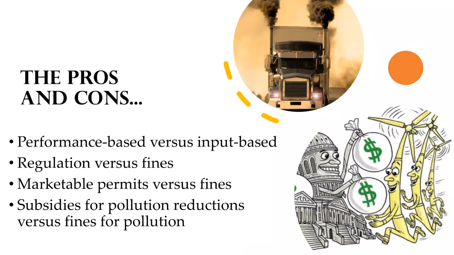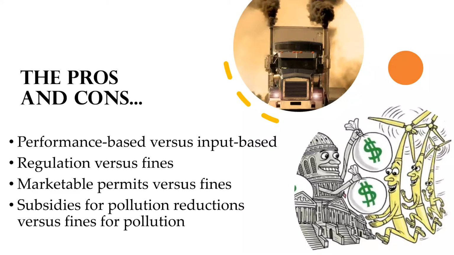Should we create markets for things that produce externalities? For example, provide marketable permits and sell them to the highest bidder? Should we subsidize pollution reductions versus fines for pollution? Should we pay the polluter to find cleaner ways to produce?